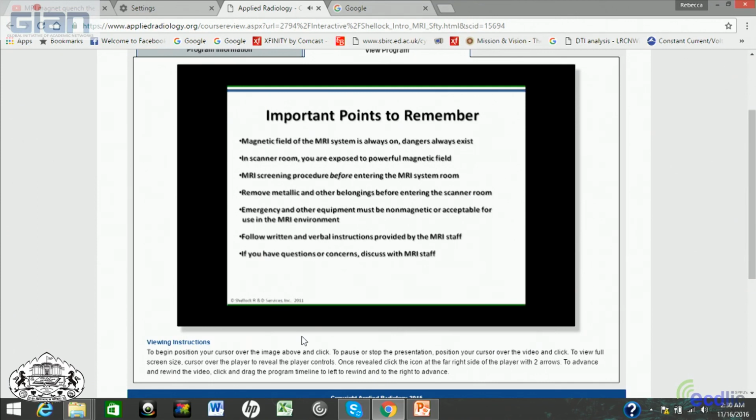Remove all metallic objects, personal belongings, and other items before entering the scanner room, and empty your pockets. Make sure that emergency and other equipment is non-magnetic or otherwise acceptable for use in the MRI environment. Follow all written and verbal instructions provided by the MRI staff members. And finally, if you have a question or concern about any MRI safety matter, please discuss this with an MRI safety trained professional.